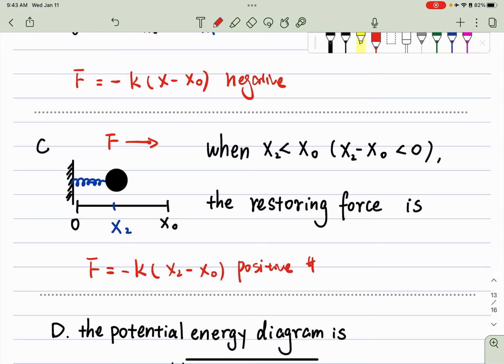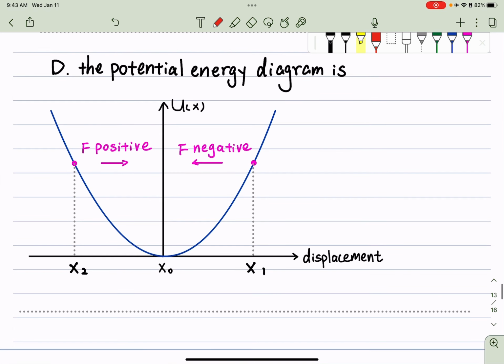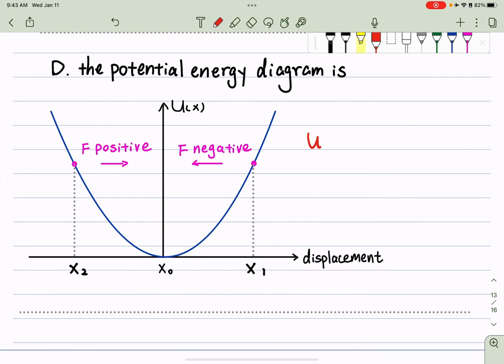Translating force into potential energy, before we go there, we have the force by definition equal to negative dU over dx. So in this case, the potential energy U(x) equals 1/2 K (x minus x0) squared.